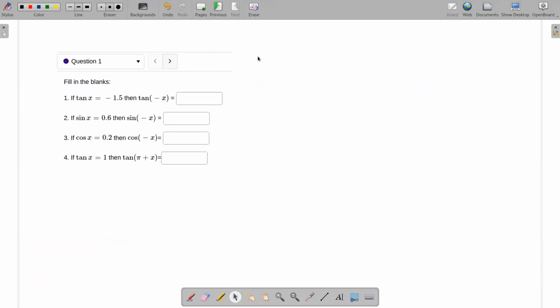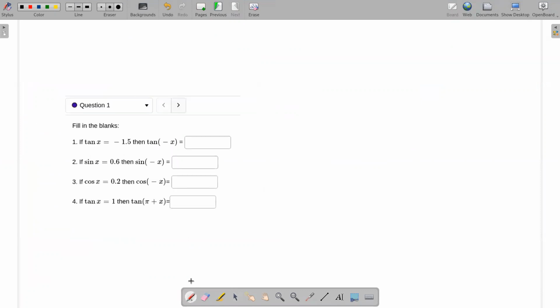So just reminders of some things I went over a moment ago, is that the sine and the tangent are odd symmetric. So for example, the sine of negative x equals the negative sine of x. That's the definition of odd symmetry.